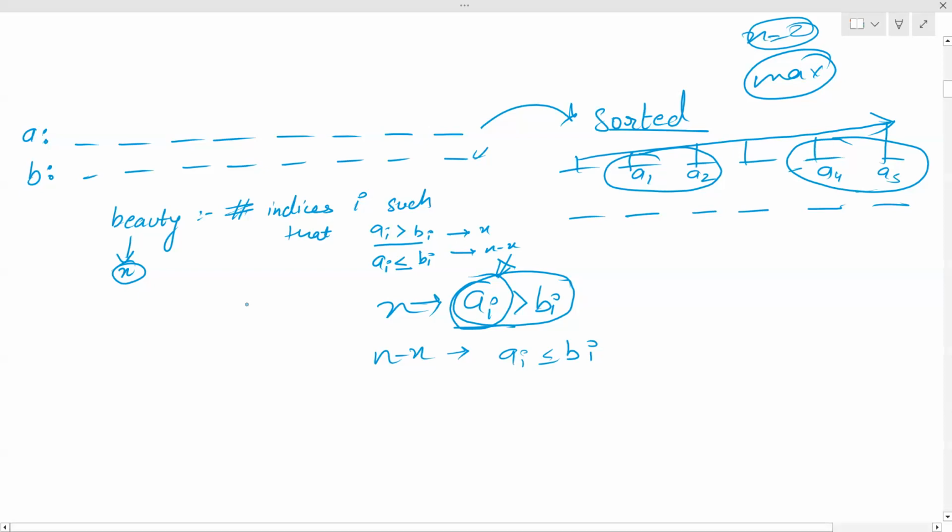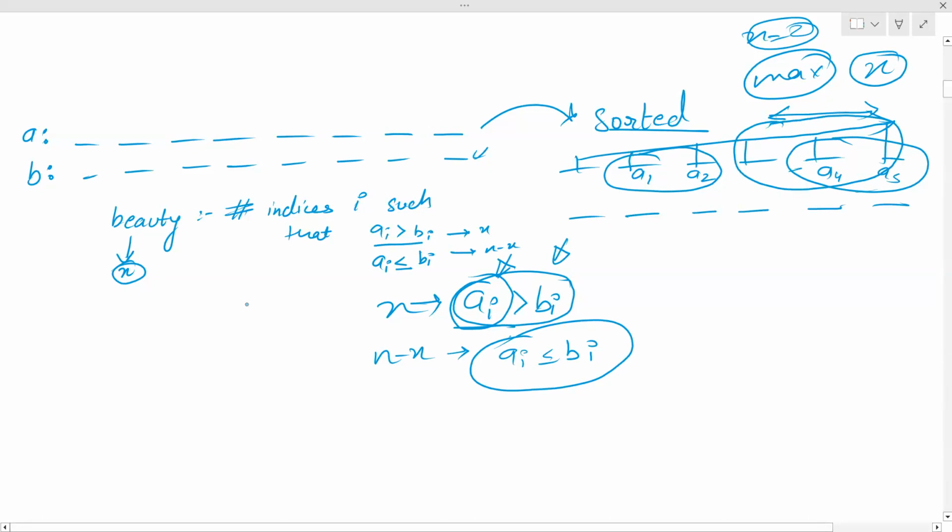Because instead of taking these values, you took bigger values for these places, and by default, for the remaining places you are left with smaller values, so your answer will still be valid. So from intuition and by proof also, if I have to take X, those X positions should have the last X values in array A.